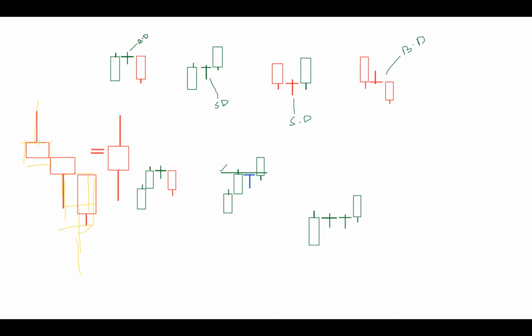Because here there is some confusion. Buyers entered, they failed. Then sellers control the market. Then sellers entered, again buyers entered. Now the sellers are getting weak, buyers are getting control. What do I need to do? There is no answer. Then if you combine, this candle is saying the candle body is still red, which means the sellers are still active.